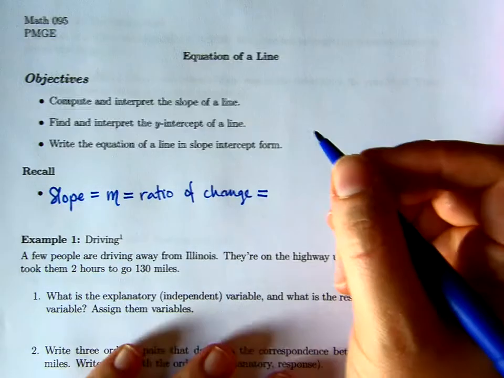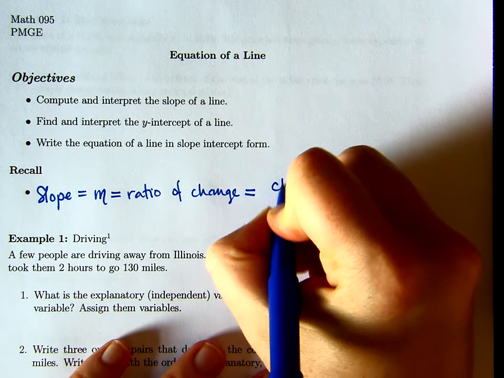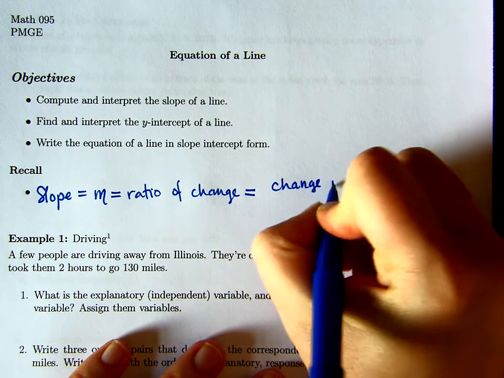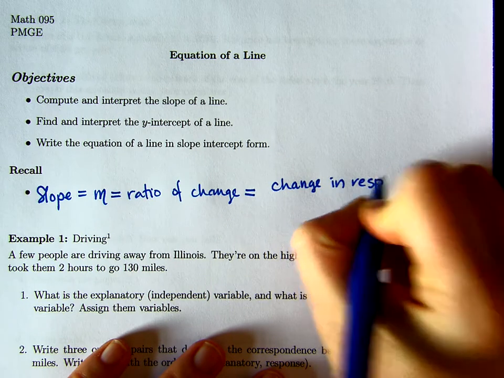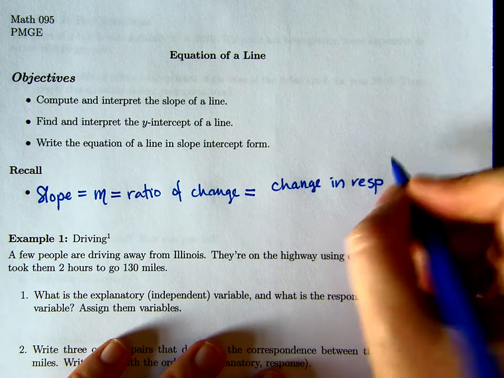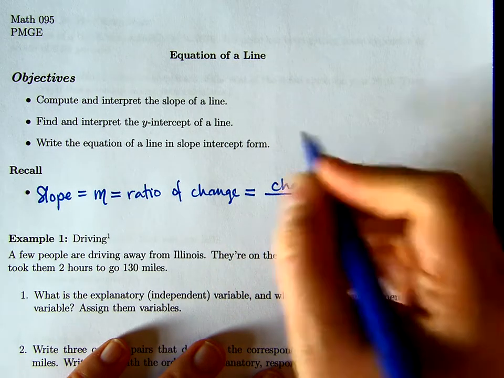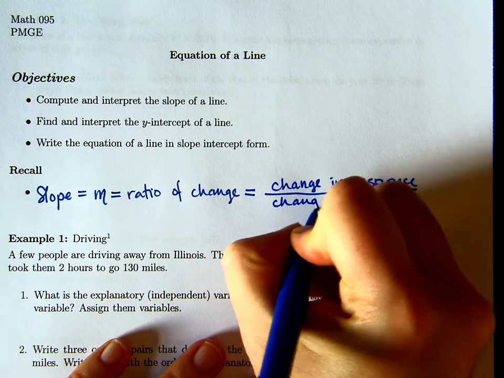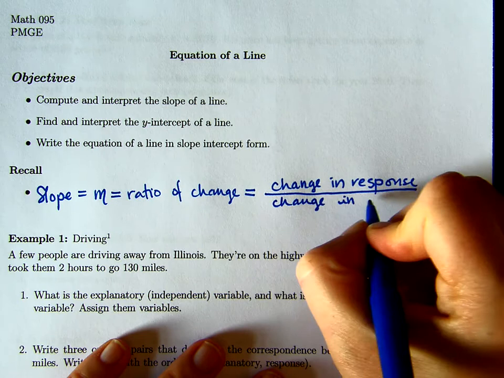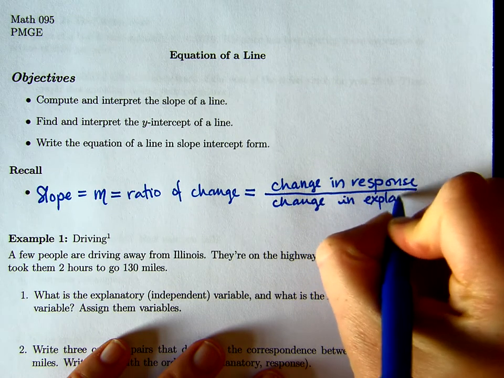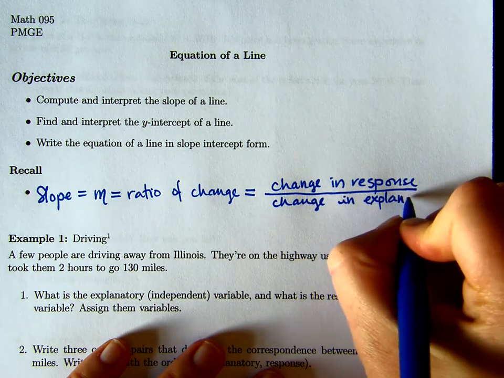Okay, and I'm going to write this: the change in the response variable compared to the change in the explanatory variable, and with labels. Labels mattered.